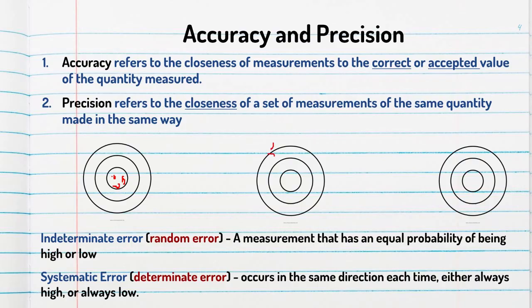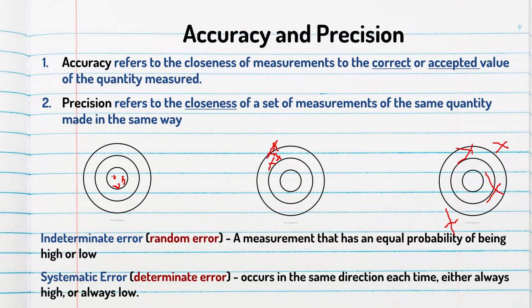If I had something like this, it would be precise, they're all close together, and not accurate because we haven't hit the center of the bullseye. And then if I did something like this, it would be neither accurate or precise because I've not hit the center of the bullseye and that's just all over the place.